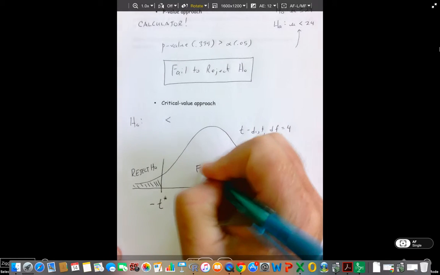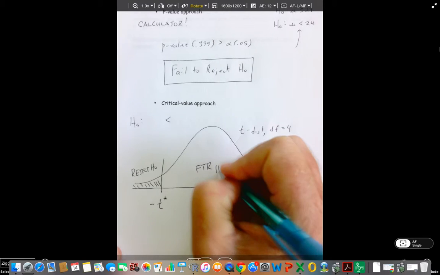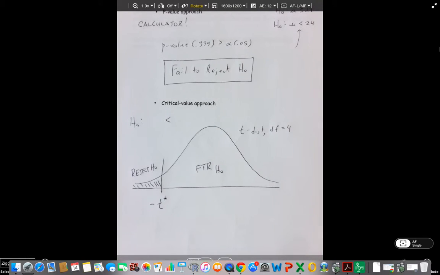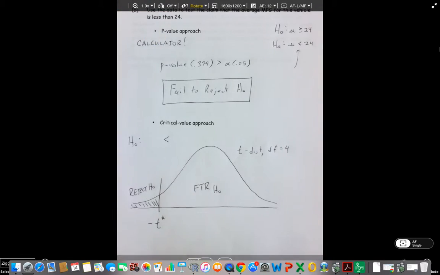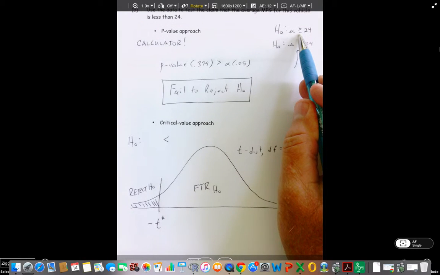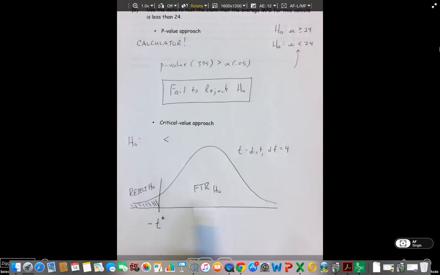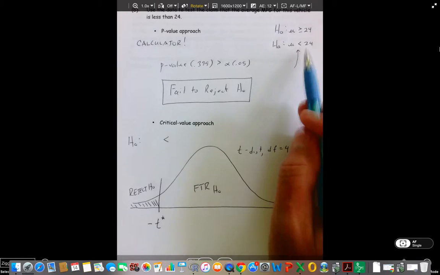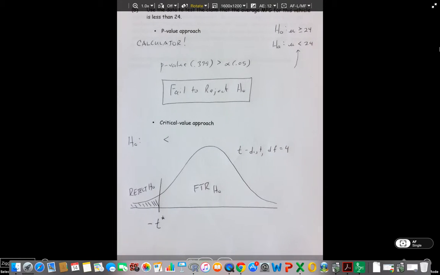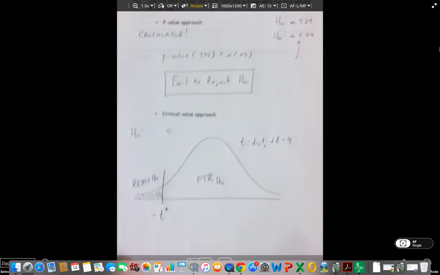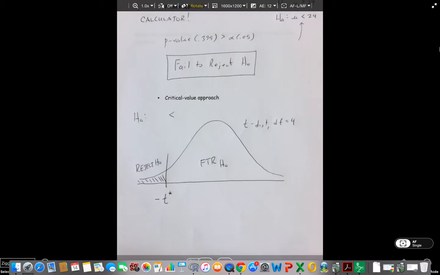Your fail to reject is everything to the right of it, hence greater than or equal to. Anything less than 24, we're going to reject. All right, how are we going to find that?